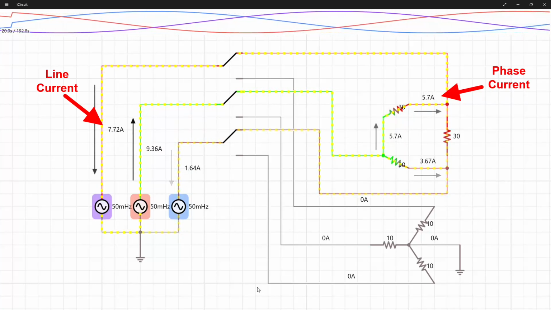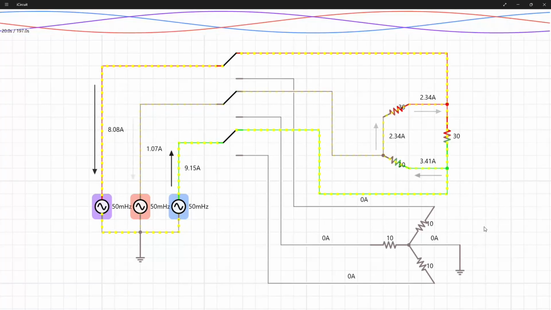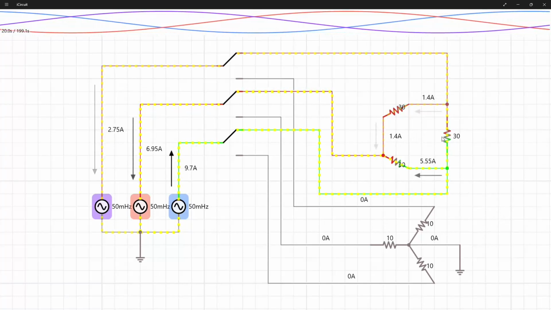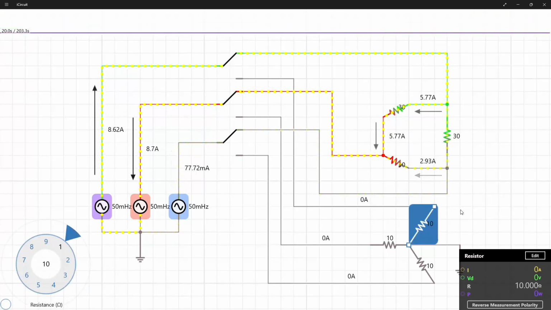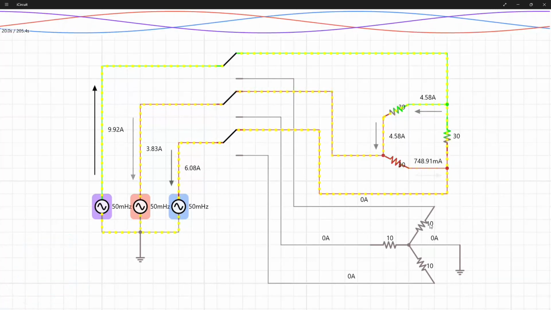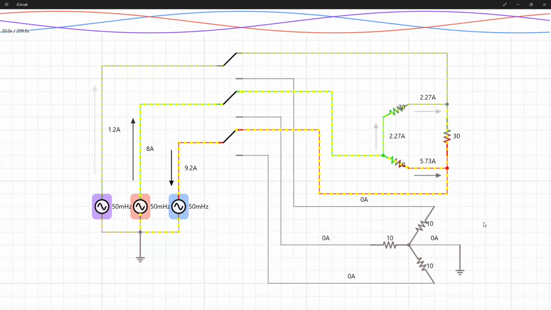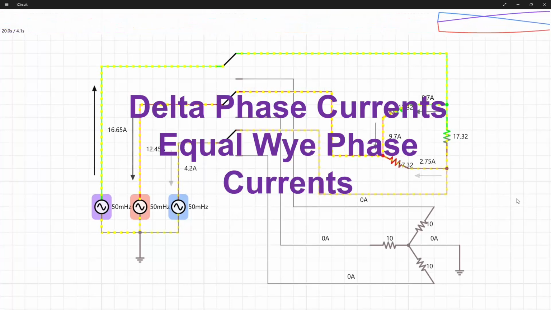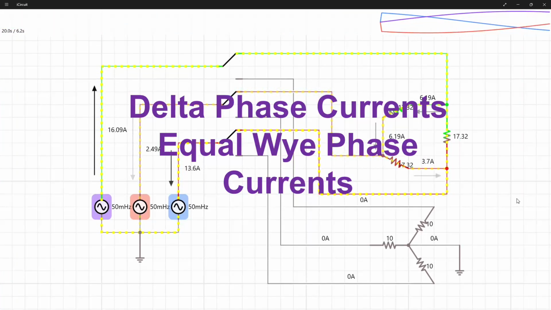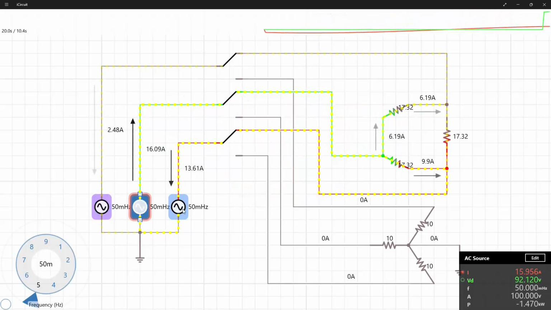Okay, so that concludes this example, and then the next one we're going to go on to where the phase current of our delta is equal to the line currents, or also the phase current of our Y, because on our Y, the phase current and the line current are the same magnitude. All right, so here what we're looking at is the exact same voltage sources, and they're all 3 at 100 volts.